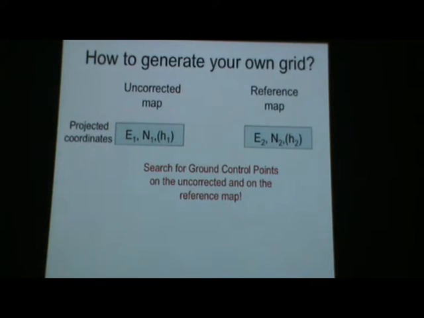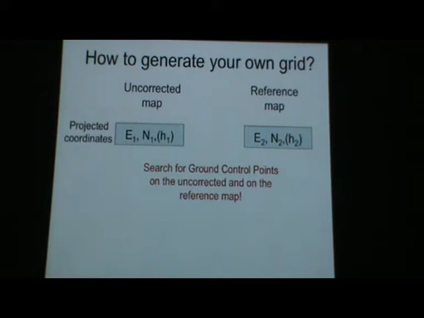Now let's have a look at how you can generate your own grid. First you use your uncorrected map and define projected coordinates, as I mentioned on this figure. First define this coordinate system locally, don't care too much about it.